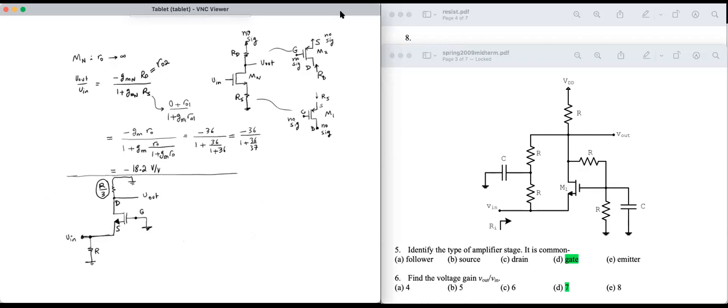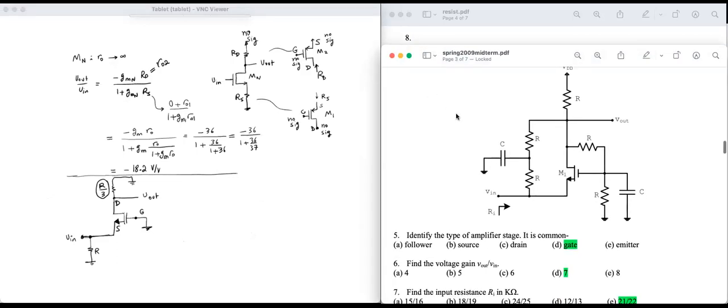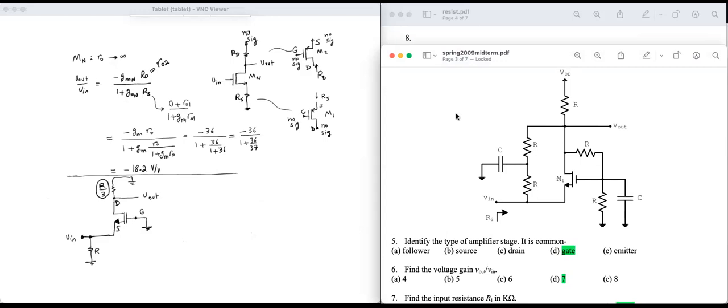Okay, so that's my circuit. And the next question is, for this circuit, find the input resistance Ri in kilo ohms, input resistance.